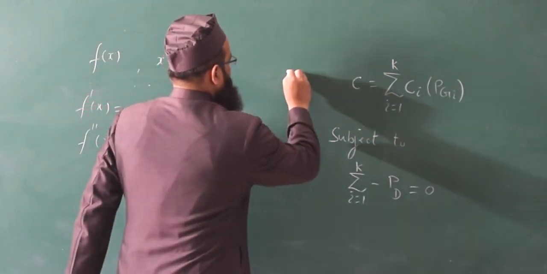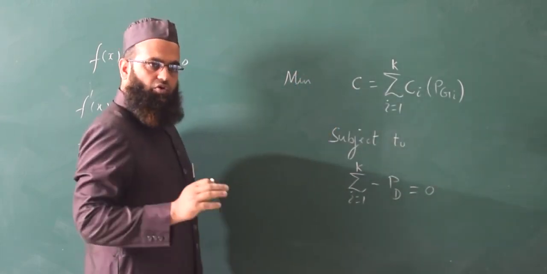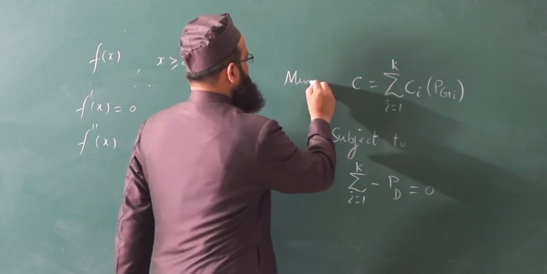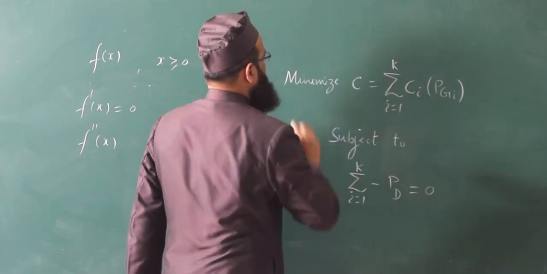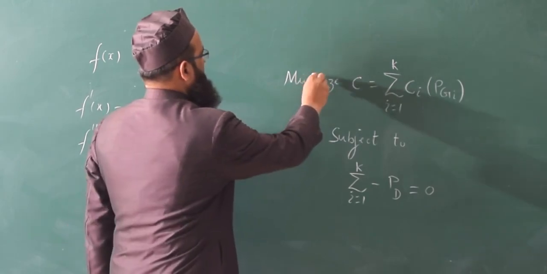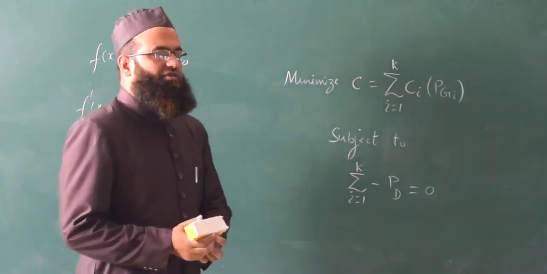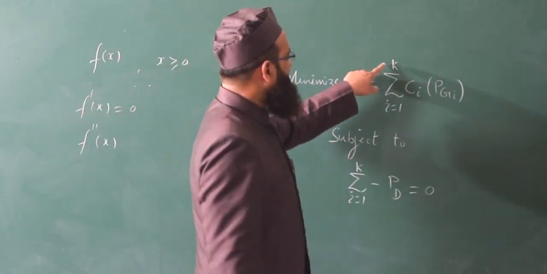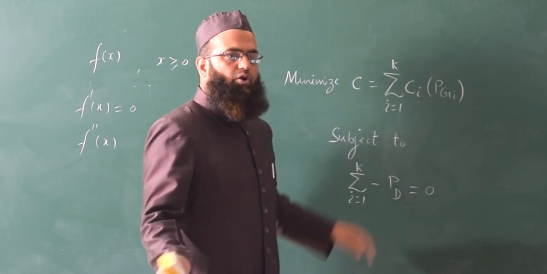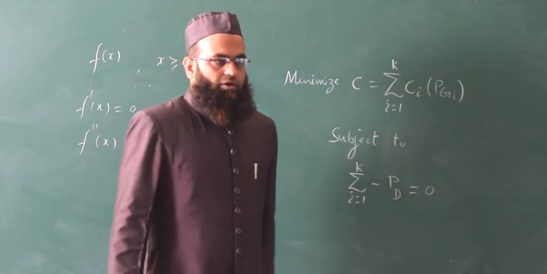So right here, what is your objective? Maximize or minimize? You will minimize cost, right? Minimize C subject to this. So this is an optimization problem of how many variables? K variables. And how many constraints? One constraint, right?